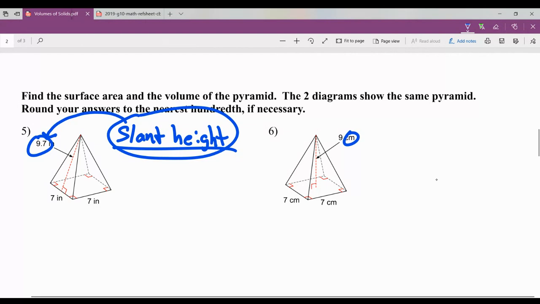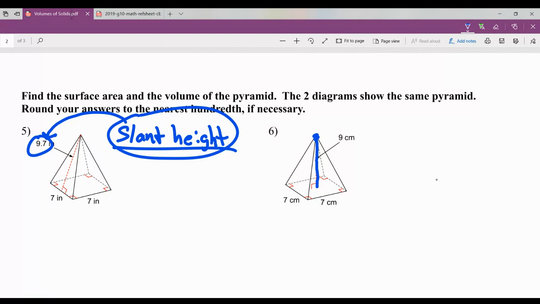And then there's an actual height. The height of a pyramid is, imagine if each pyramid was sort of a tent, and this was the center pole that supported the tent. It goes from the base, directly from the center of the base, directly up to the vertex of the pyramid.